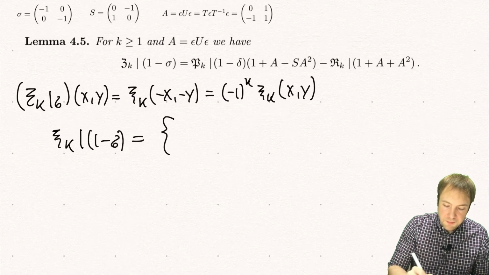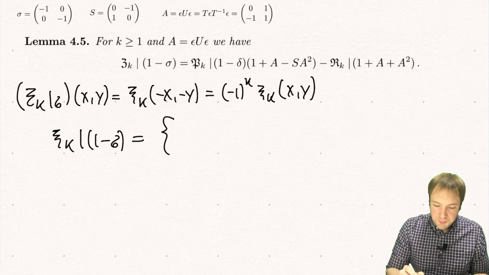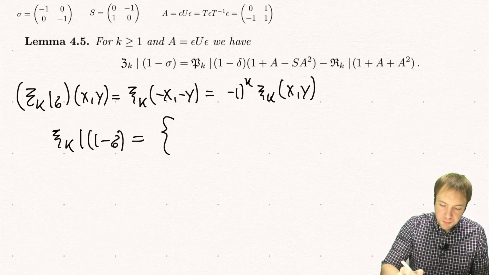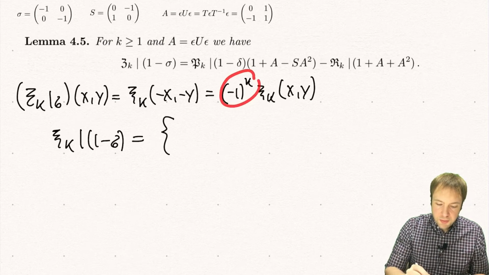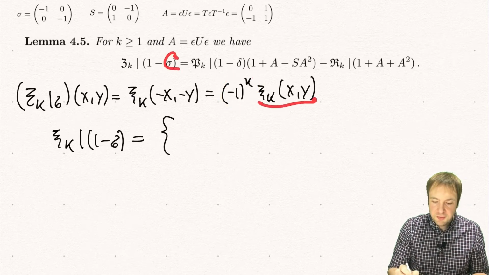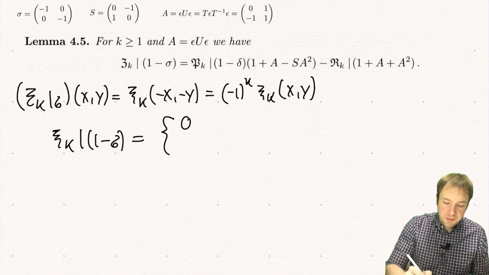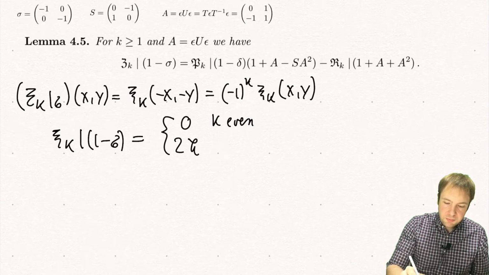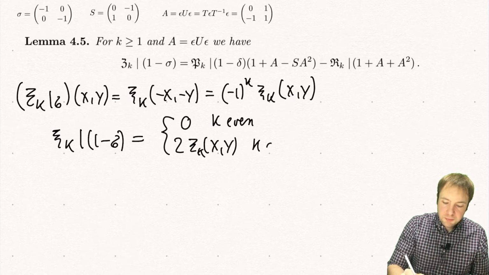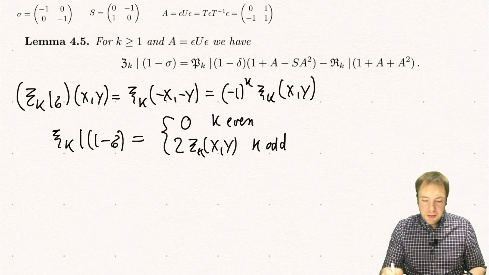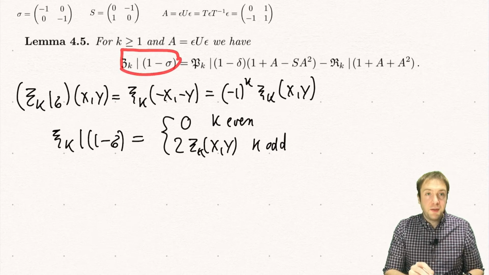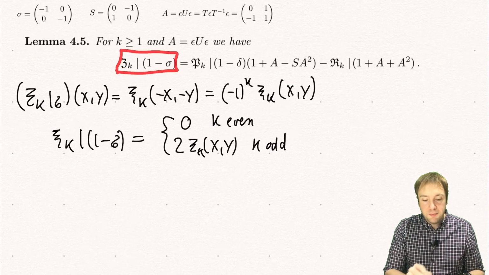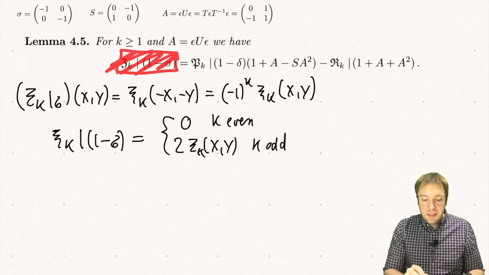So if k is even, we see that this term here is 1, and therefore we subtract just zk from zk, so this is 0 if k is even. And if k is odd, it's 2 times zk xy.